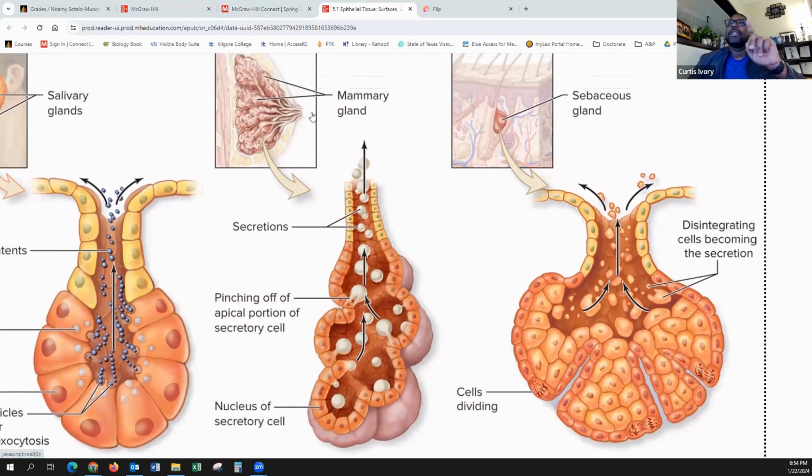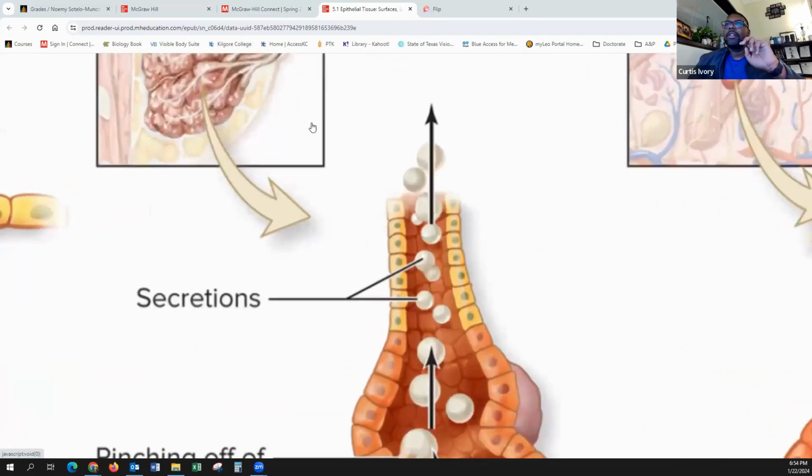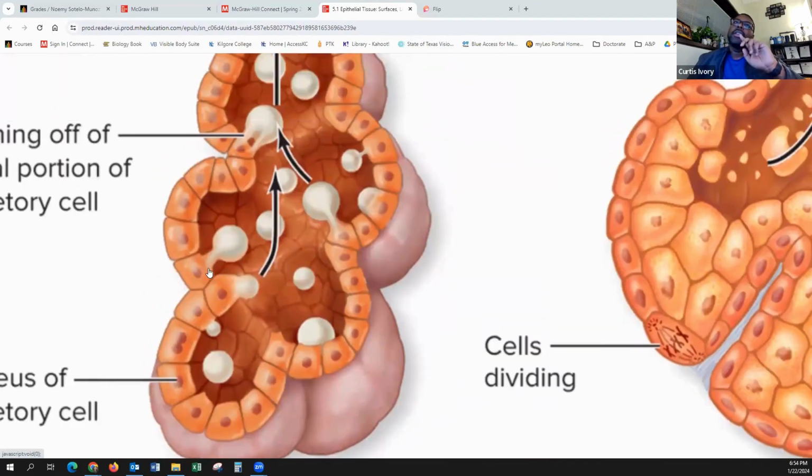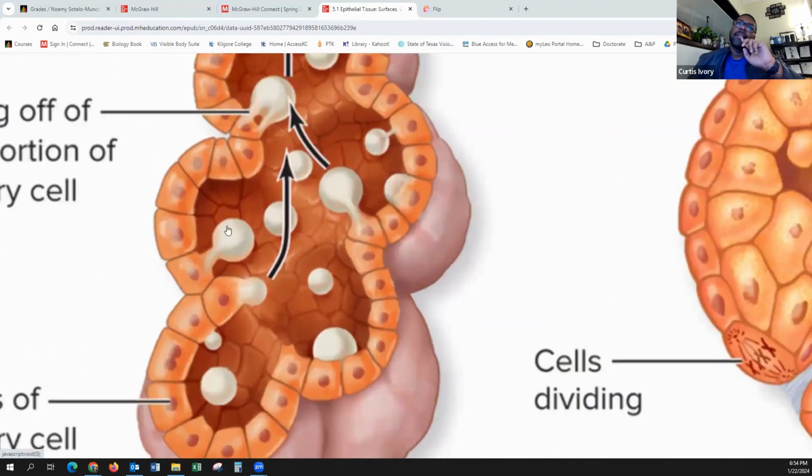And this we actually see in the mammary glands, or in the breast tissue. So let's look a little bit more closely. So here we see that for this one right here, it's actually pinching off. So like the cytoplasm, part of the cell is essentially being pinched off.